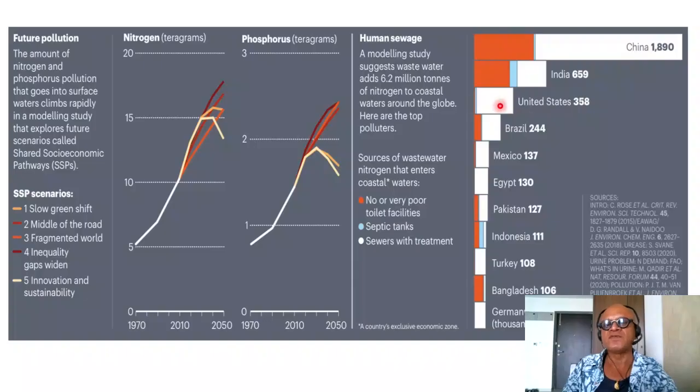US obviously has a much higher fraction of sewers with treatment. Brazil, you can see developing countries have a higher fraction of no toilet facilities or very poor toilet facilities and septic tanks as well, and so on down here. Indonesia, Bangladesh, Germany, and so on and so forth. Obviously this relates to population levels as well.